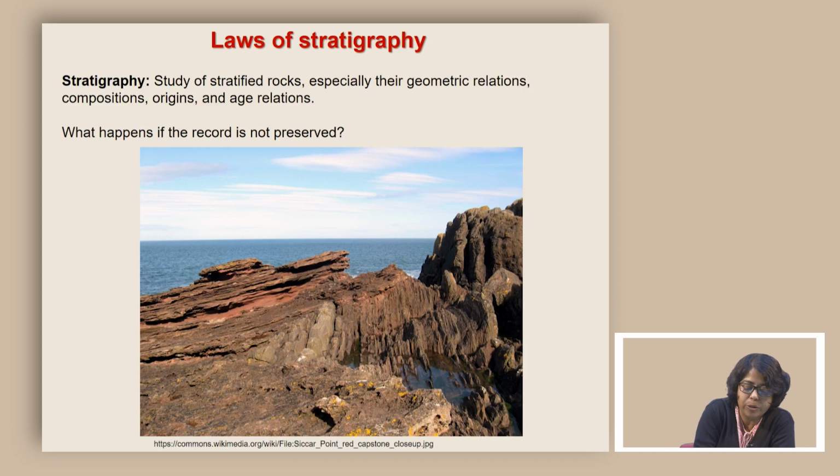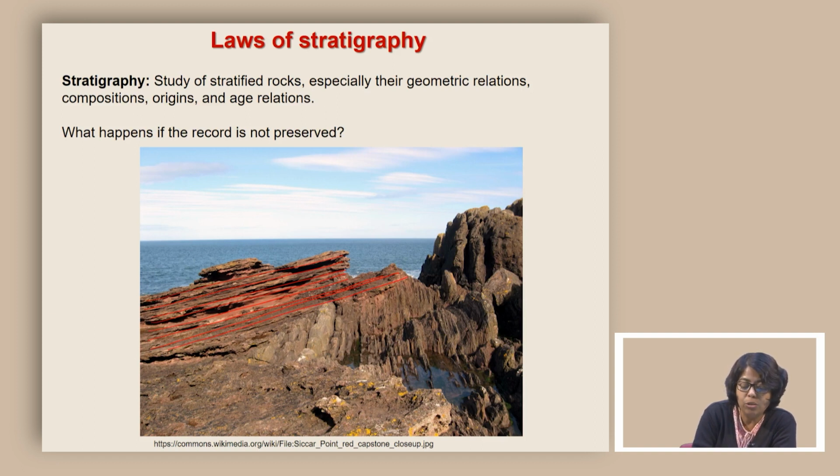So, this is Siccar Point, and if you look at the rocks at the top, it shows you this orientation. And again, these are sedimentary rocks. So, you can imagine these layers formed by depositing all kinds of sediments in this fashion, and initially it has to be horizontal.